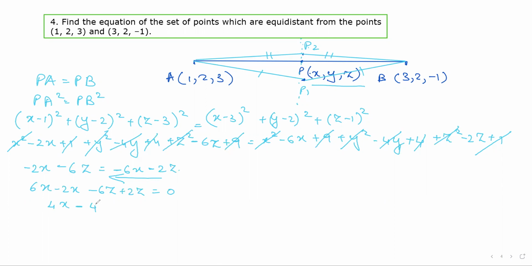So you have 4x minus 4z. Okay, hold on. Have I made any mistake? Yeah, this is positive: 6x minus 2x, and minus 6z, and this is minus 2z. When it goes to the left hand side, it will be positive.